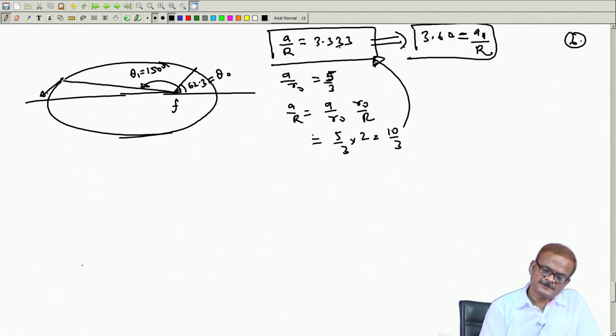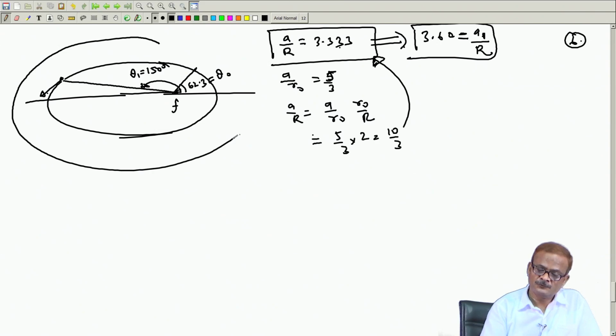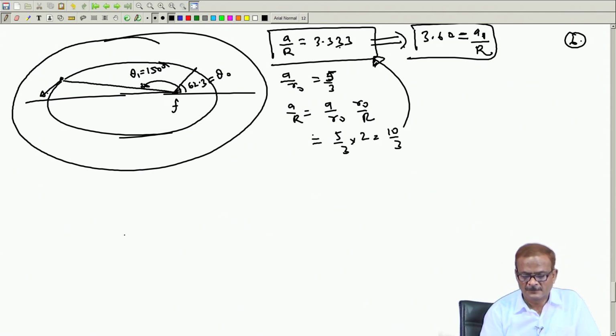So, what are the things required? In the trajectory transfer you will need all the velocities and other things, but where will those come from? We have to do it from this place itself.